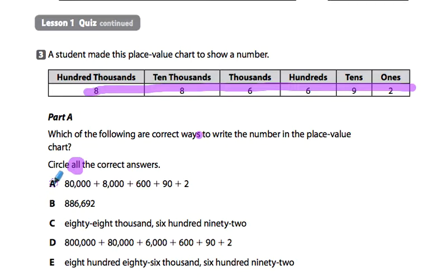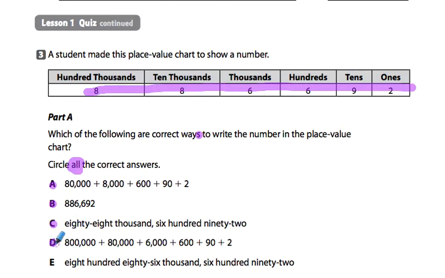Okay, so could we write this number as 80,000 plus 8,000 plus 600 plus 90 plus 2? If so, circle it. Could we write it like this? 886,692. Could we write it like this? 88,692.